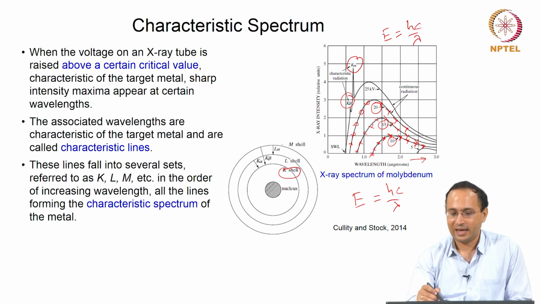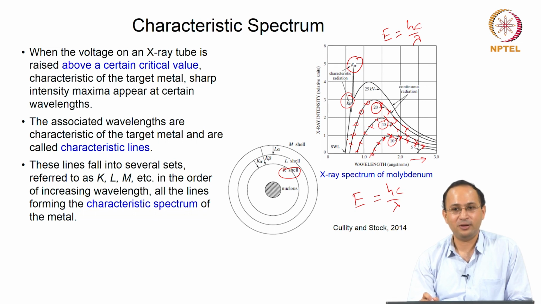Also you will see L alpha, because if something can knock out an electron from the K shell, it can also remove electrons from the L shell and M shell, but they will be of much higher wavelengths. So this is the unique thing where we can use X-rays to probe, because in a lot of experiments like X-ray diffraction, we use monochromatic radiation.